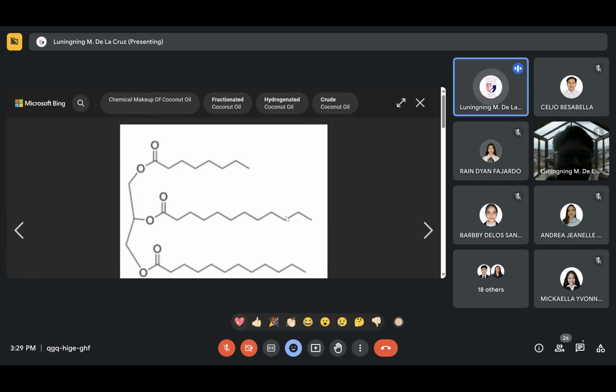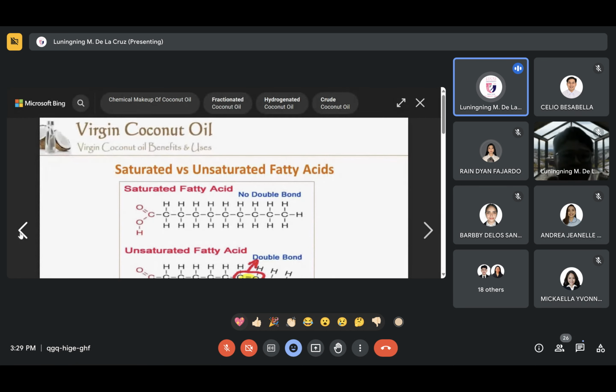So, you have seen that our coconut oil class is what? Is a saturated fatty acid. Okay. 1, 2, 3, 4, 5, 6, 7, 8, 9. It has 11 carbons attached to our hydroxyl group. Okay?